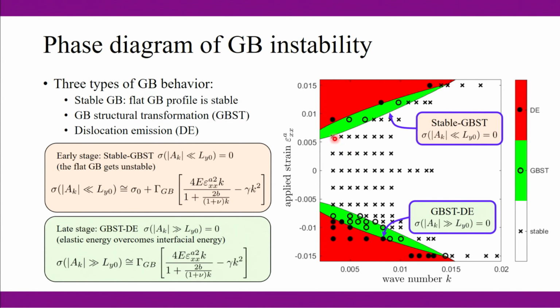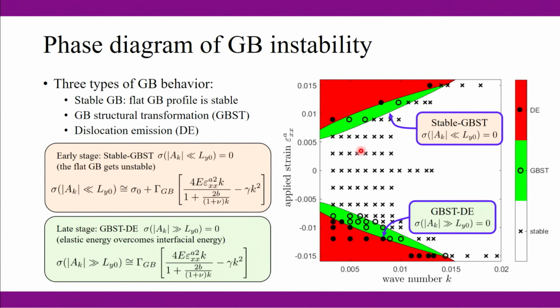And for really large strain, we start to see this triangle wavy profile, and a dislocation emission in the end. Here is a phase diagram for the applied strain versus the wave number. All the symbols are the results from the PFC simulation, right? The solid circles mean the dislocation emission, and the empty circles mean the grain boundary structure transformations, but the profile will get stuck at certain places.